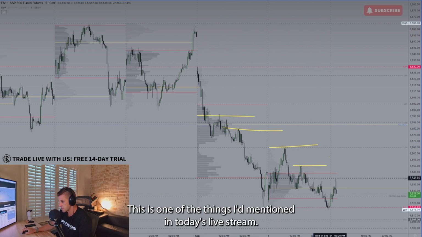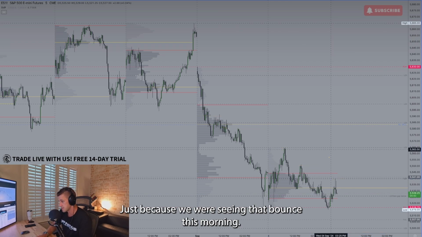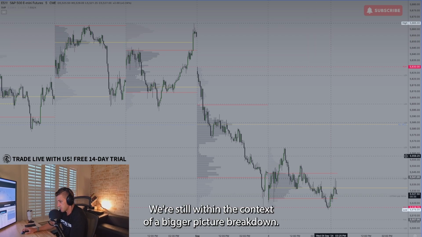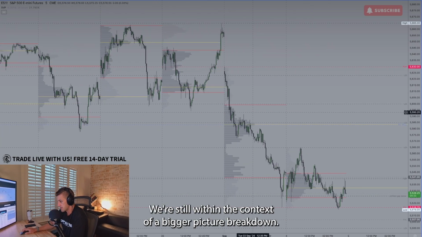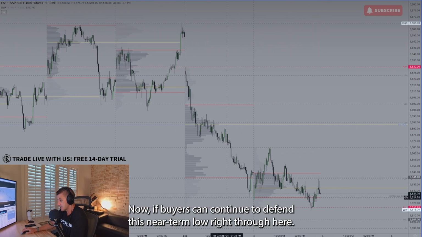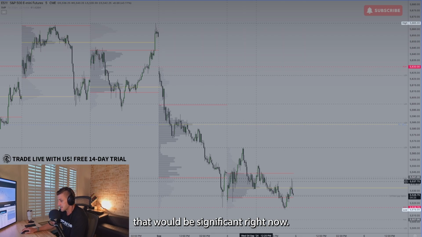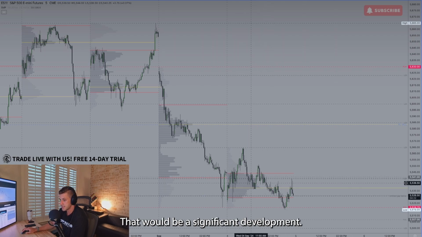This is one of the things I had mentioned in today's live stream. Just because we were seeing that bounce this morning does not mean that buyers are out of the woods by any means. We're still within the context of a bigger picture breakdown. Now, if buyers can continue to defend this near-term low right through here, 55.17 area, that would be significant, right? That would be a significant development.